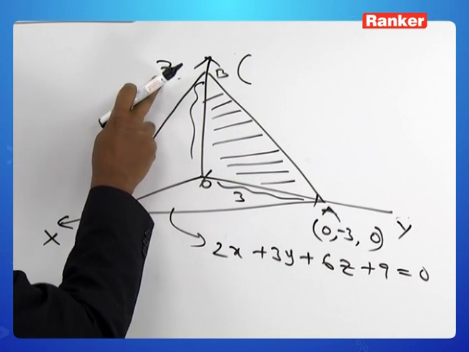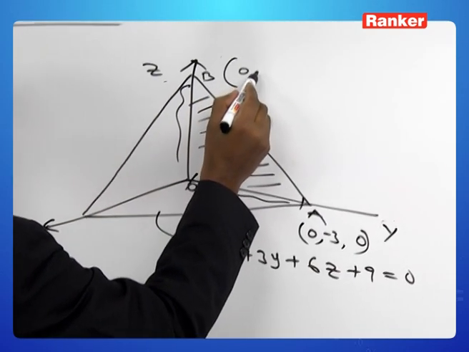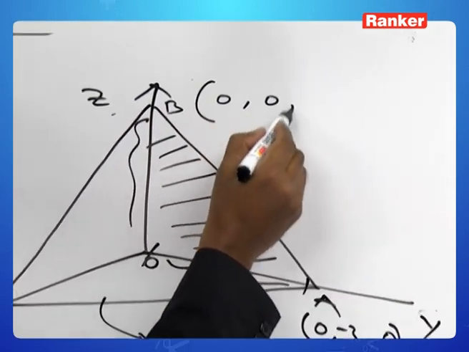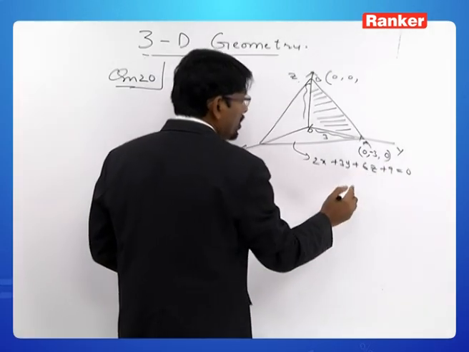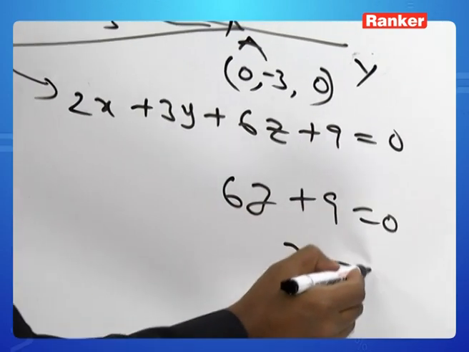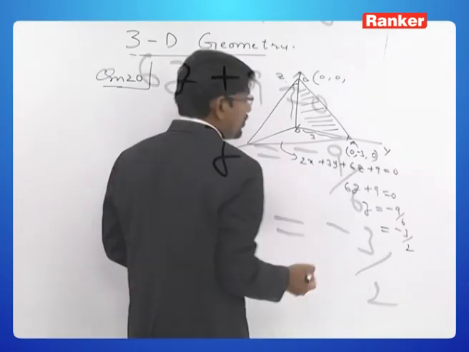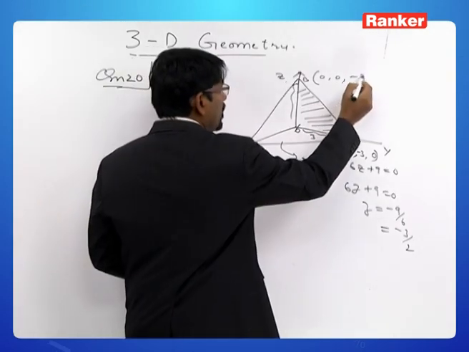On the z-axis, the x coordinate and y coordinate have to be 0. So 0, comma 0, and for the z coordinate, 6z plus 9 is equal to 0. So z will be equal to minus 9 by 6 or minus 3 by 2. This is minus 3 by 2.